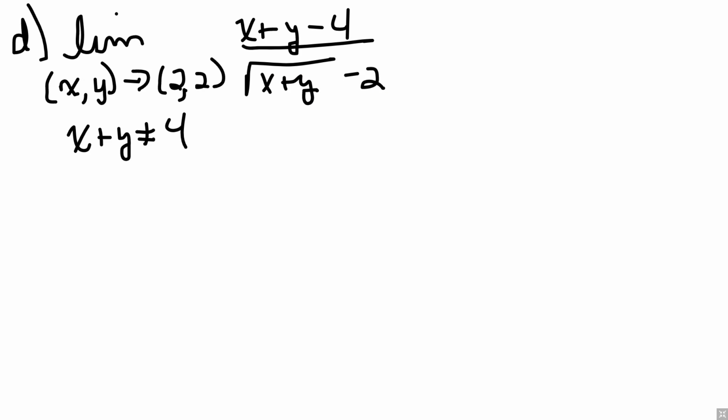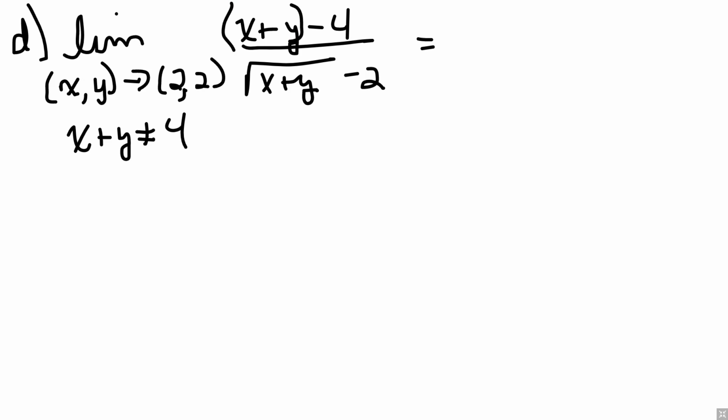Again, as I stated, if we do direct substitution, we end up with 0 over 0, which is an indeterminate form. On this, you can do this problem one or two ways. One way you can do it is that you can factor. Another way, you can rationalize the denominator. I'm going to go the lazy way and just factor.